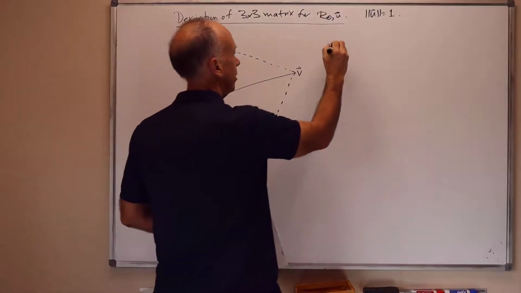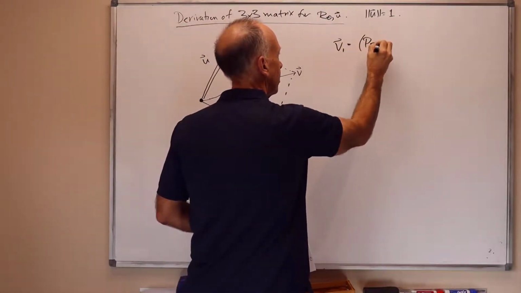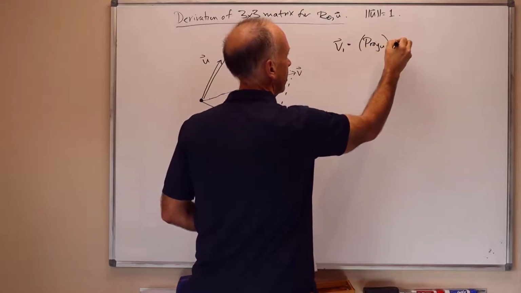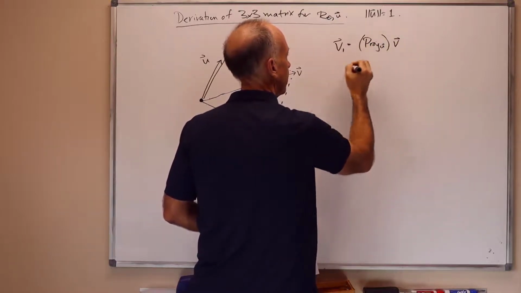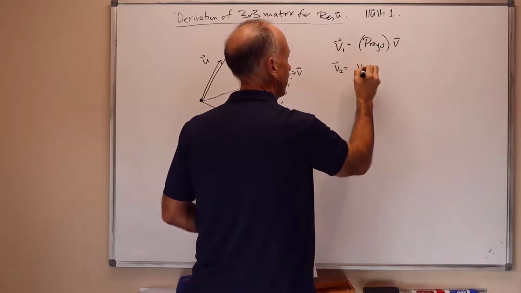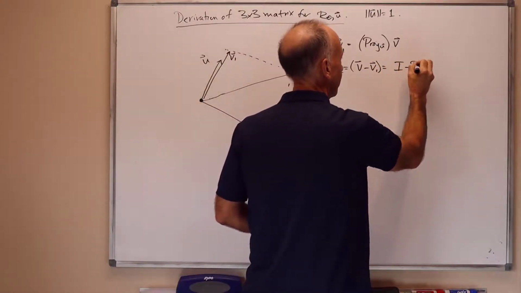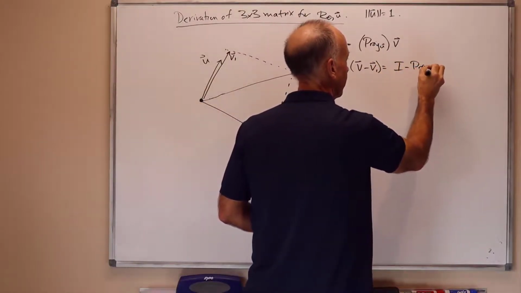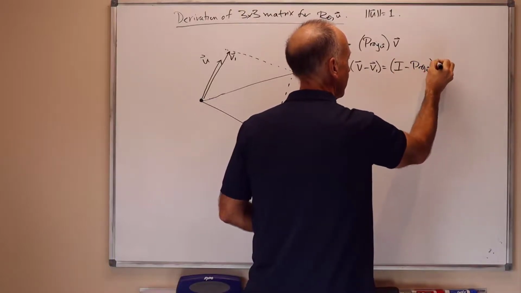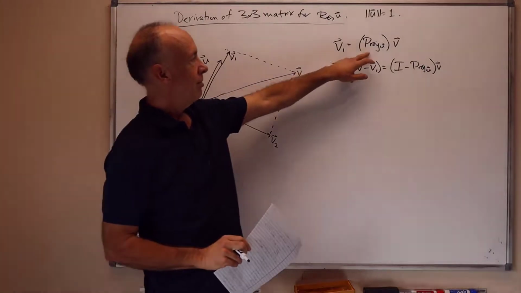So in particular, v1 equals proj sub u of v, and v2 is v minus v1, and so that's equal to the identity matrix minus proj sub u, applied to v. So we've got a 3 by 3 matrix for proj sub u.